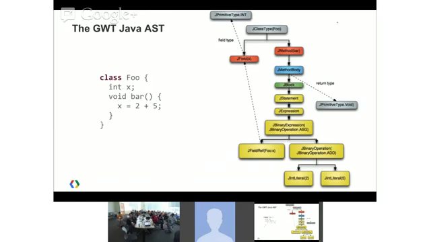So the important thing here is the visitor. Whenever you refer to other important things in the AST, like fields or methods or classes, you will have either a field reference if it's a field, a type reference if it's a class, or a method call if it's a method. And the visitors stop at that frontier.